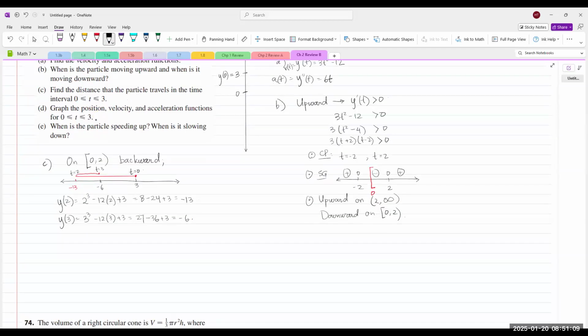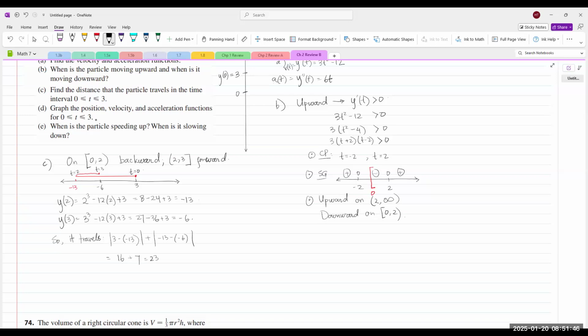From 2 to 3 it moves forward. So how far does it travel? Between 3 to negative 13, and then from negative 13 to negative 6. That's how far it travels. So that's 16 plus 7. That's 23 units.